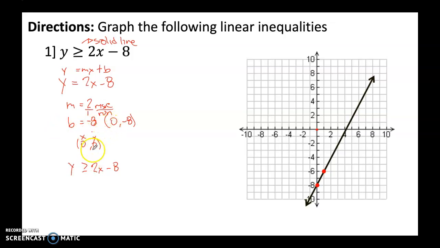Substitute the values of x and y into the given inequality. 0 is greater than or equal to 2 times 0 minus 8. Simplify: 2 times 0 is 0, bring down minus 8. 0 is greater than or equal to 0 minus 8, which is negative 8. So therefore, this is a true statement.